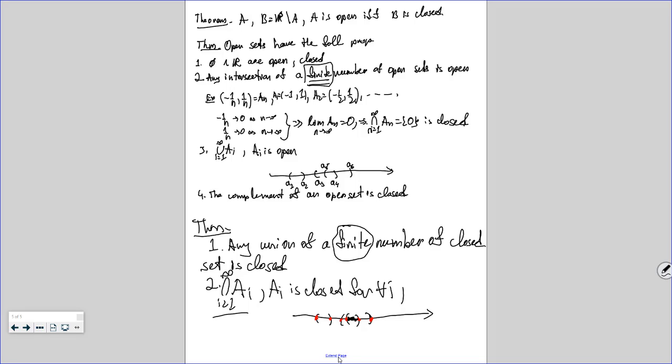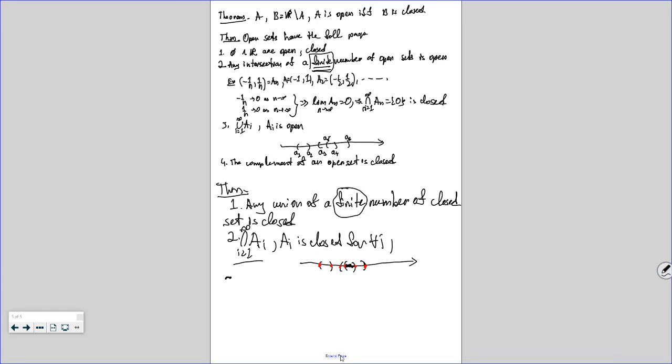Even if we end up with an empty set, remember that the empty set is closed. And the last property is that the complement of a closed set is open, which comes from the theorem.